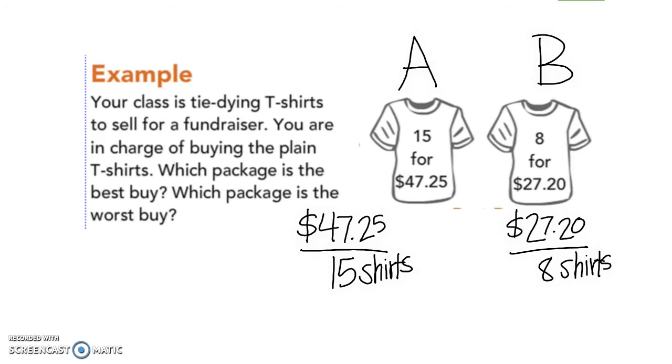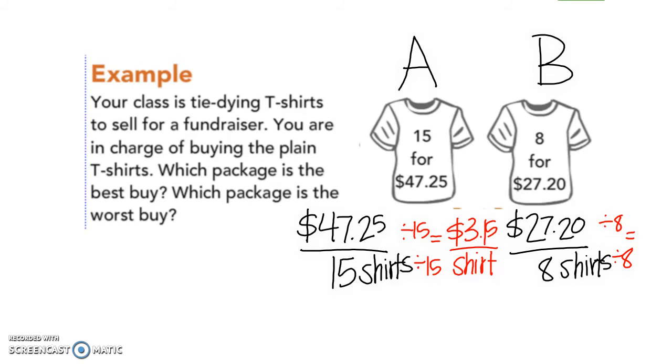So I'm going to, again, divide by the denominator to find the unit cost. $47.25 divided by 15. That's going to be $3.15 per shirt. Here I'm going to divide by 8.